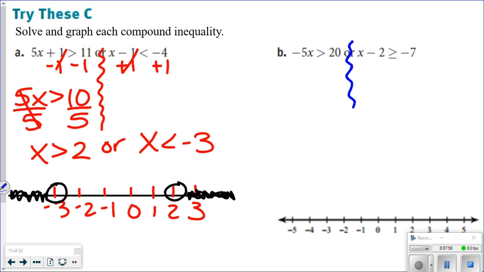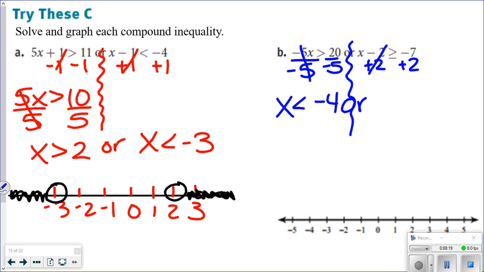This question, we need negative 5x, so we're going to divide both sides by negative 5. And if we divide by a negative, we switch our sign. So x is less than negative 4. Over here, we're going to add 2. Add 2, those cancel. Or we get x is greater than or equal to negative 5.